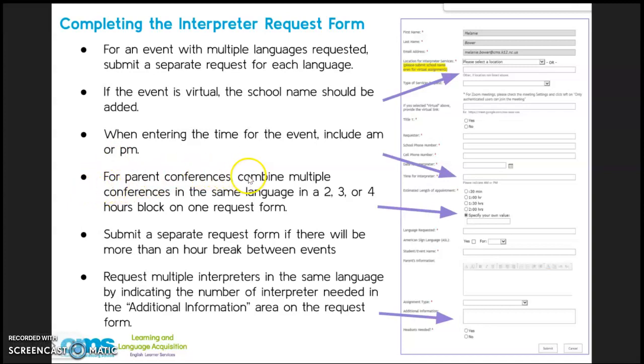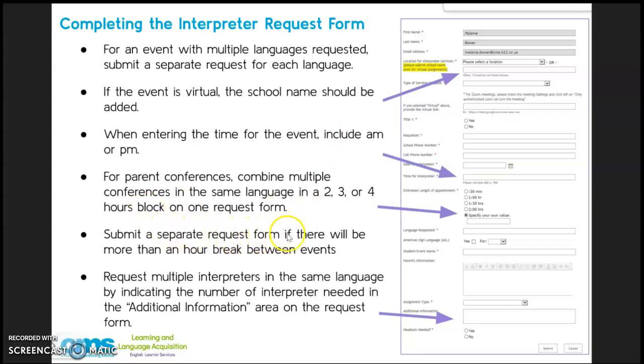For parent conferences, combine multiple conferences in the same language in a 2, 3, or 4 hour block on one request form so that the interpreter can come and hang out. So try to group, for example, your Spanish-only speaking families, maybe even within your grade, to come at certain points so that the interpreter can just be put to work in a nice block of time.